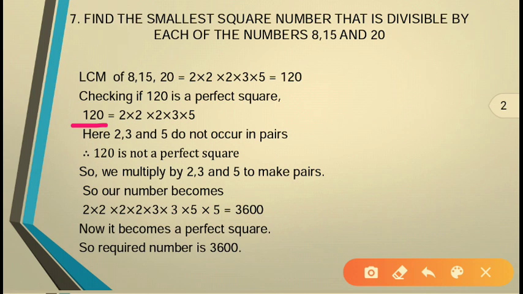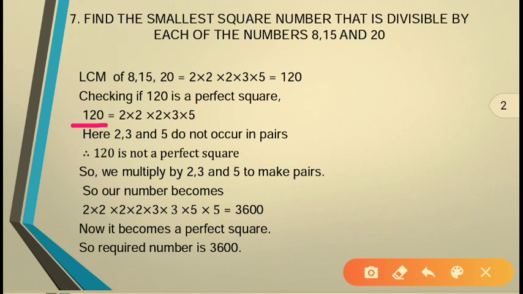Now check whether each digit has its pair or not. So 2 and 2 is one pair. Here 2 is not having any pair, 3 is not having any pair and 5 is not having any pair. Only one pair we got. Here 2, 3 and 5 do not occur in pairs. That means 120 is not a perfect square.